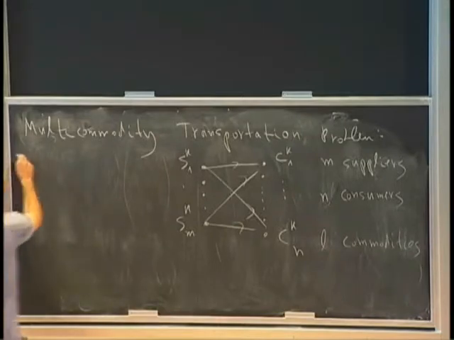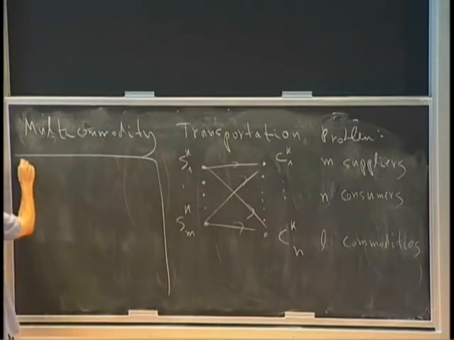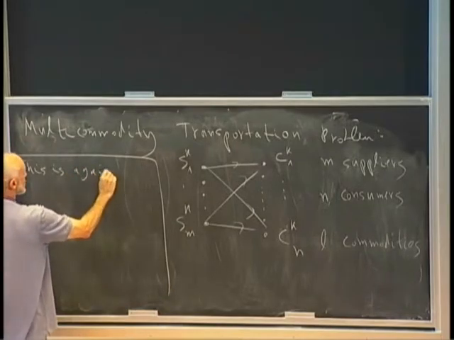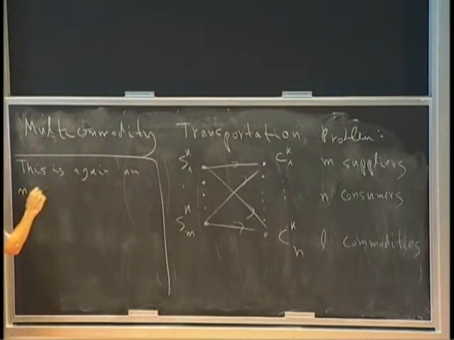You get as a corollary, again, an n-fold program. This is again a different n-fold IP.